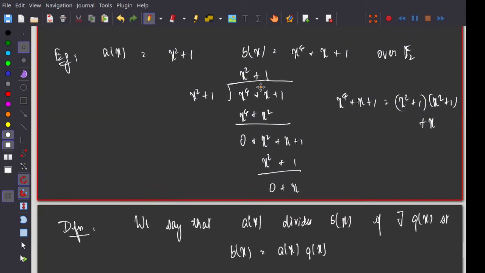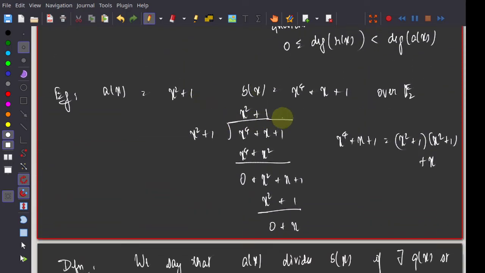If you look at our previous example, this a of x does not divide b of x because the remainder is not equal to 0. Right?